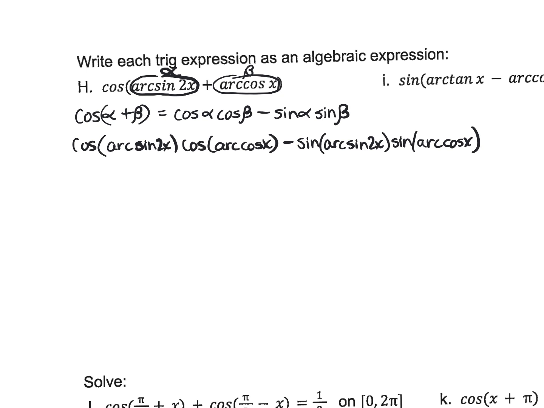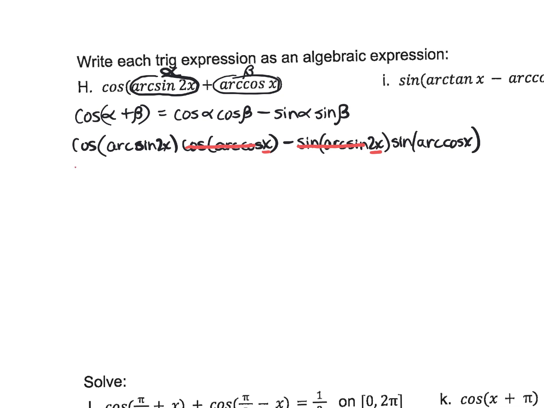Now, some of this is going to be easy, some of this is not going to be easy. Cosine arc cosine and sine arc sine is easy, isn't it? Because cosine arc cosine goes away and just the x is left, and sine arc sine goes away and just the 2x is left.